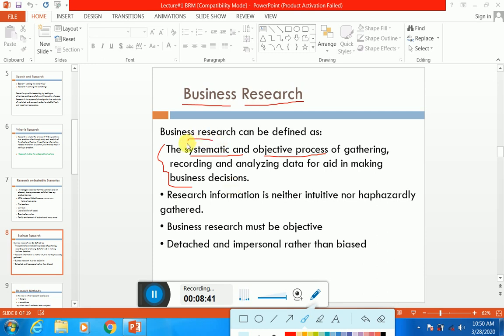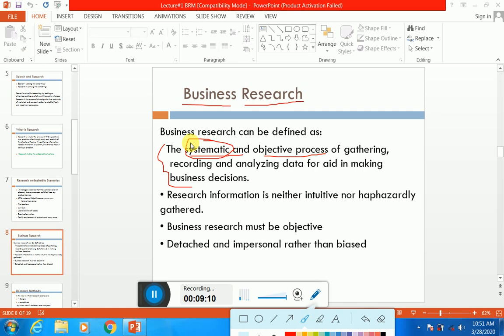Simply stated, business research is systematic. What does systematic mean? Systematic means a system, a process, a step-by-step process, a chronological activity, where every upcoming step is connected with your last step. It means that it is a systematic process.